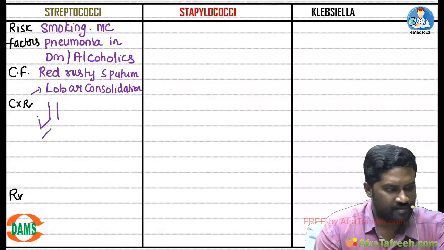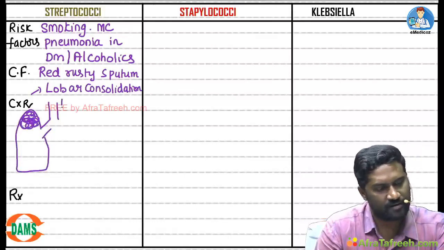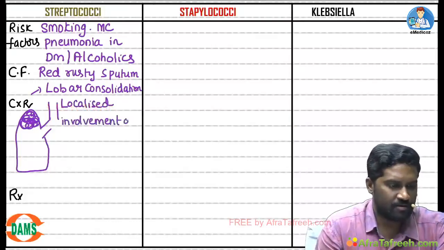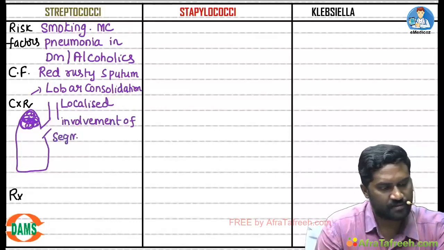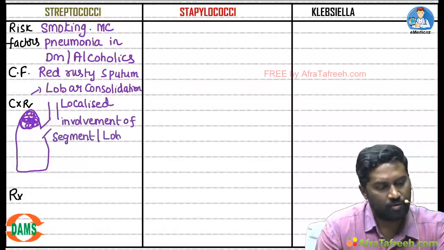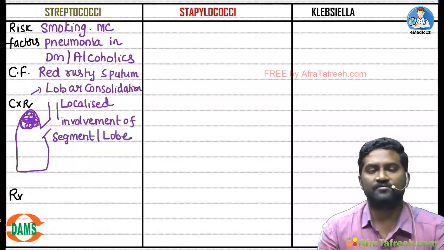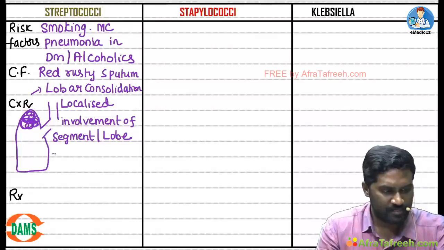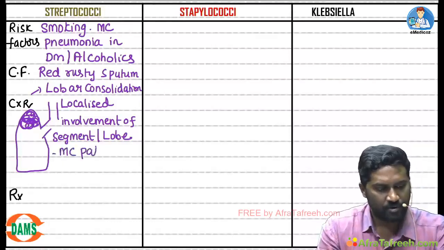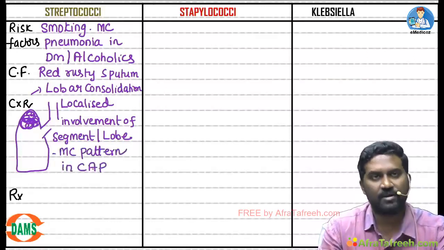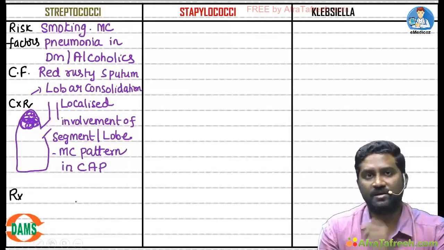If you consider this is the lung, lobar consolidation is localized involvement of a segment or lobe of lung, and this is considered the most common pattern in community acquired pneumonia.